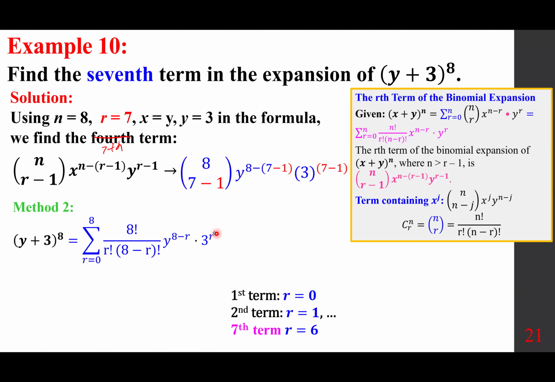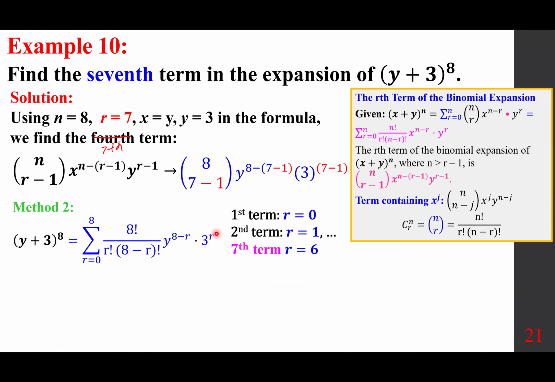The second one is 1, and so on. So the seventh term must be 6. Therefore, replace the r with 6. So this one is combination of 8 choose 6, y to the power of 8 minus 6, 3 to the power of 6.